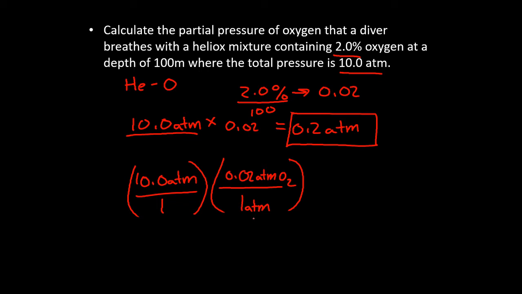But in this case, I don't really think that's an easier way of doing it. It's almost like adding an extra step even. So while this would work, so you would cancel out here the atmospheres of the whole mixture and be left with atmospheres of O2, I don't think that's going to be an easier process. So I wouldn't actually suggest doing it this way, but it would work. It still ends up giving you the 0.2 atmospheres.